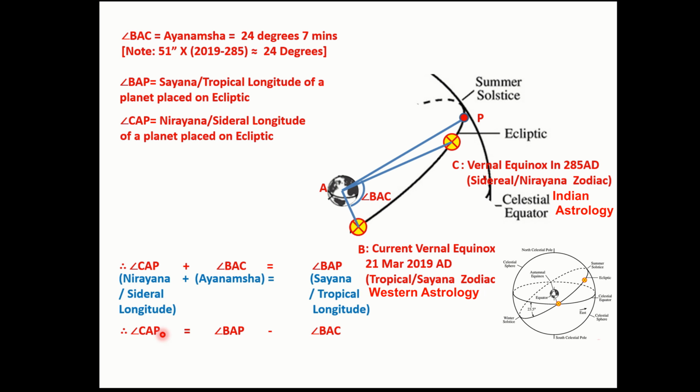And therefore the Nirayana longitude is actually the Sayana longitude minus the Ayanamsha. So here, this is where you have Ayanamsha coming into account, and it makes the difference between the tropical and the sidereal longitude.